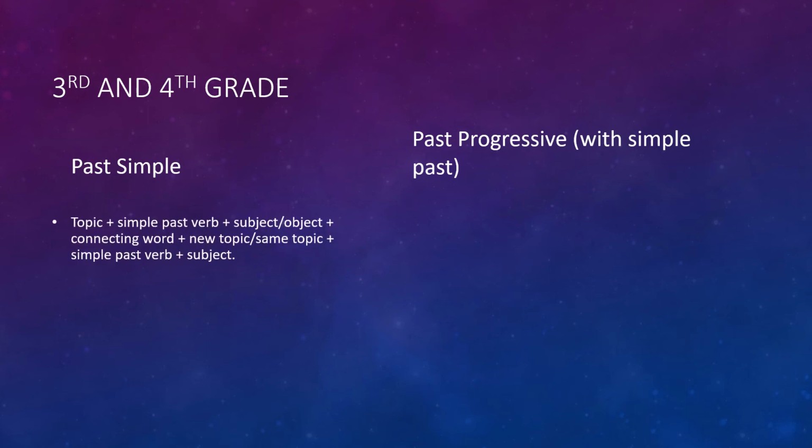Okay, so when we're doing that, we need a topic like I or you, a simple past verb like ran or ate, a subject or object, something that the topic can be talking about, like I ran to the store, and a connecting word, and then another new topic or same topic, and a verb like bought, paid for with money.